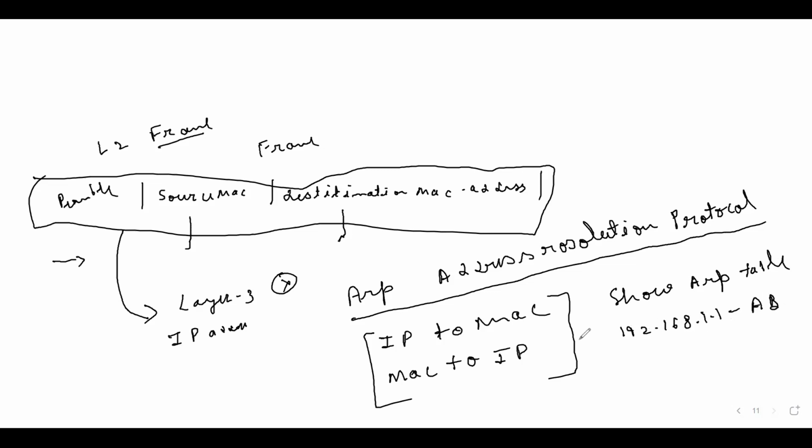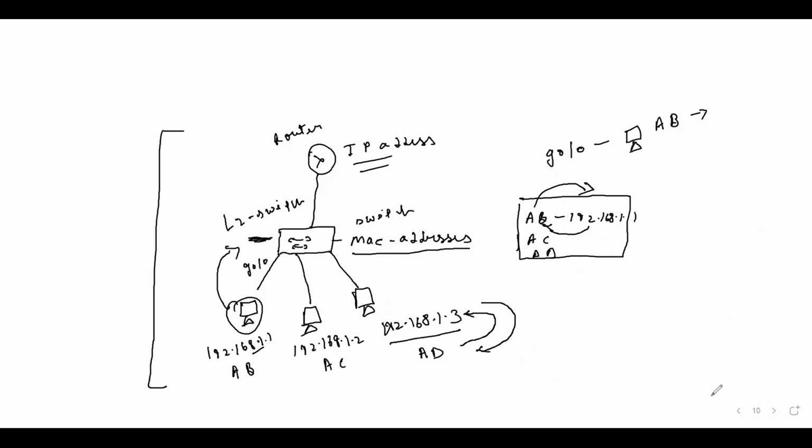So basically this protocol plays the major role there to convert your IP into MAC and MAC into IP. Same here, ARP is running behind your topology. Got my point?